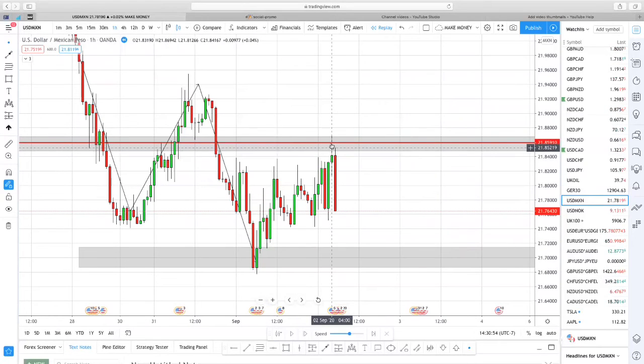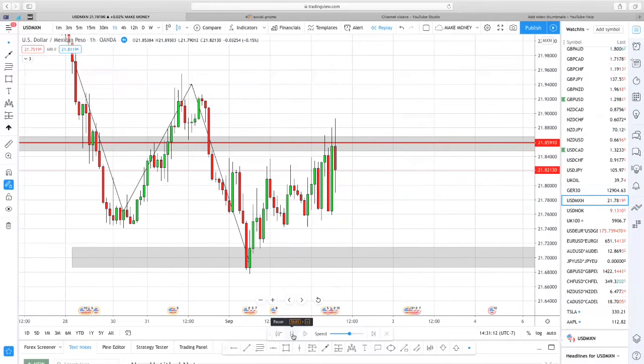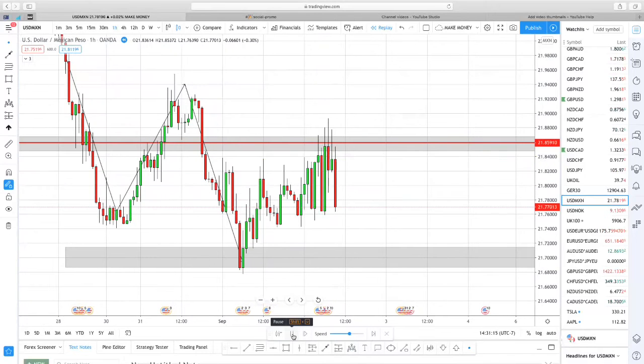Price came to your entry point, to this zone, price passed it through this wick. As soon as it started dropping again, activated you into your sell limit. And as we play it out, you're still in your sell limit, you're still in your sell limit.